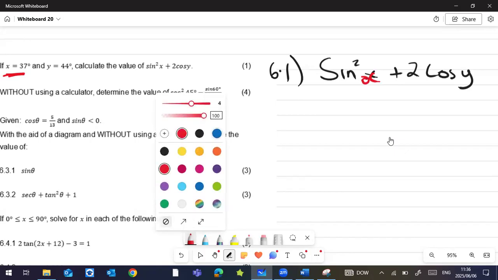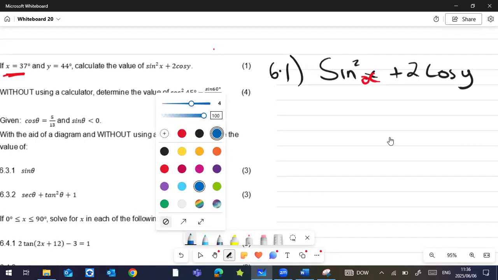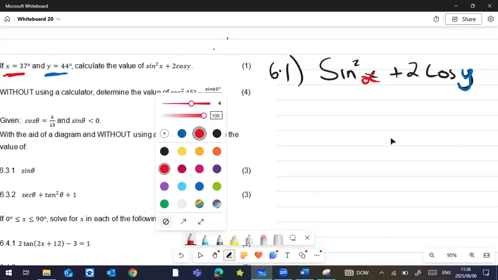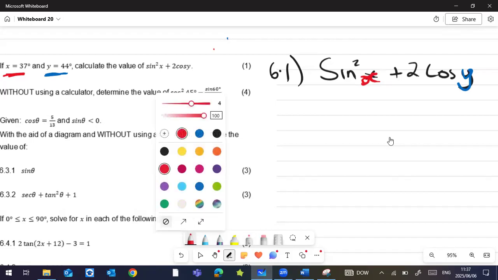Let me take a different color for y. And where we see y, it is equal to 44. We can replace y with 44. X can be replaced by 37 degrees. Here is our x. And y can be replaced by 44 degrees. Now, let's substitute.